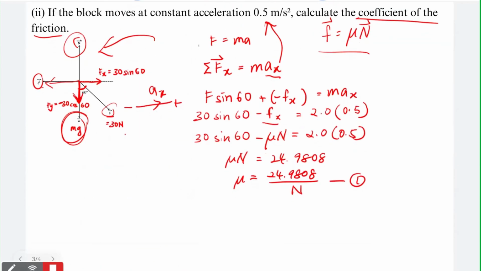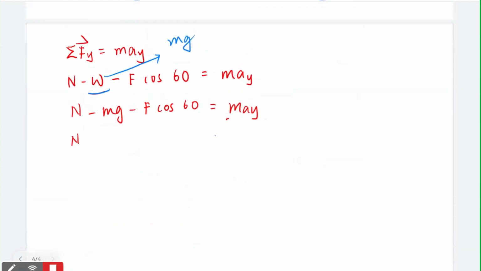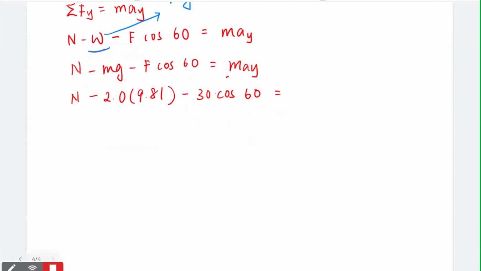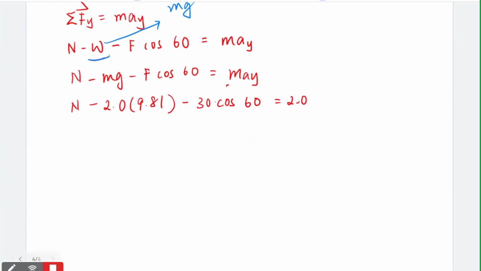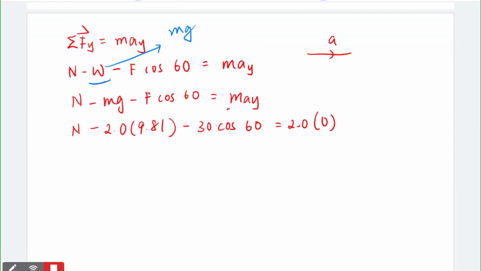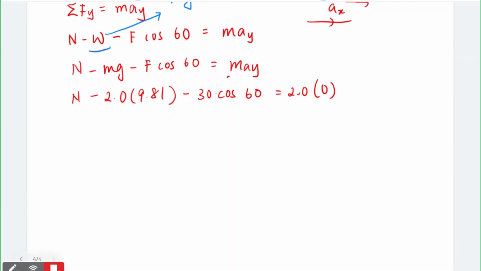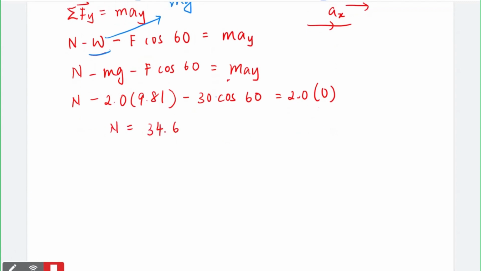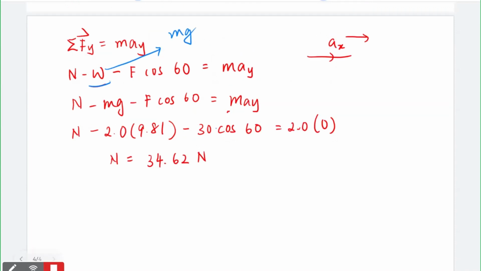N is our unknown, so leave it as N minus 2 kg times g, 9.81, minus 30 cos 60 equals 2 kg times ay. ay will be 0 because the acceleration in this situation only has an x component, as the block is moving parallel to the surface towards the right hand side. So we get N equals 34.62 Newton.